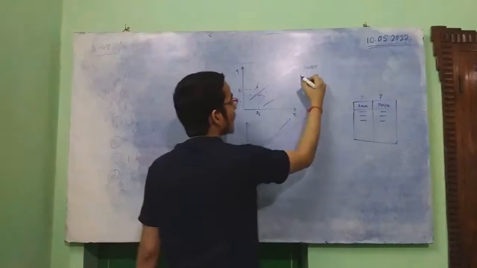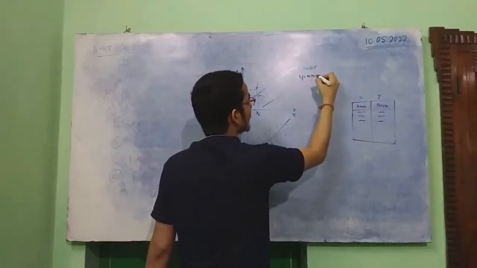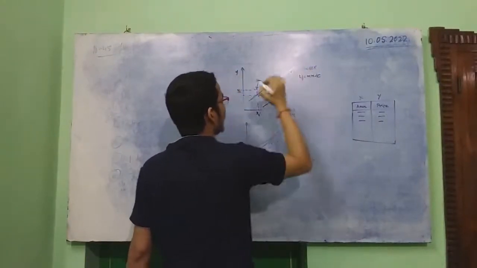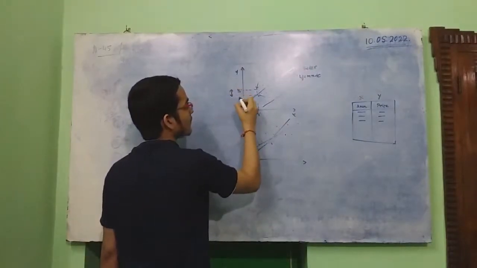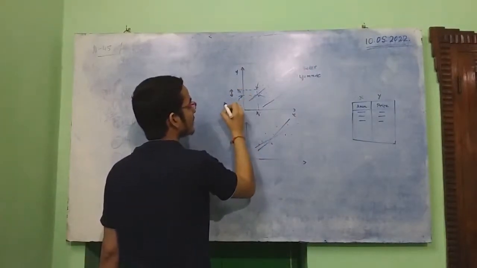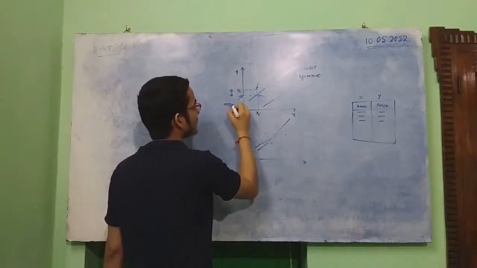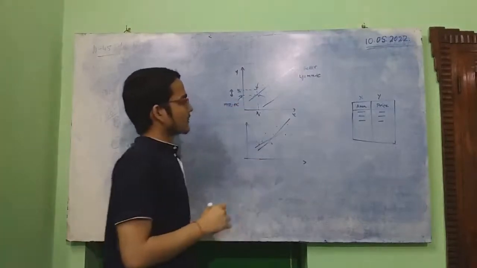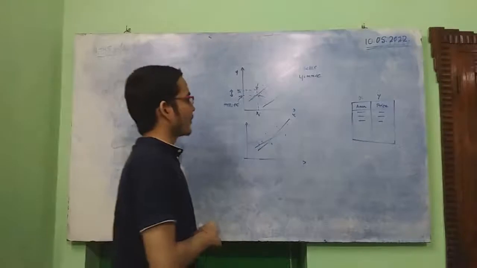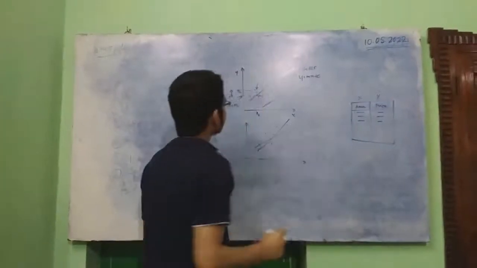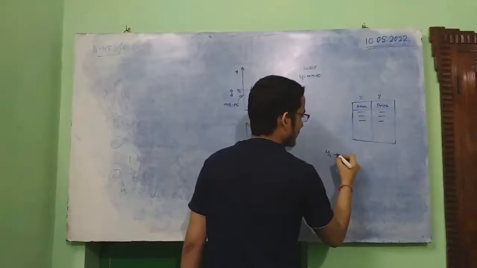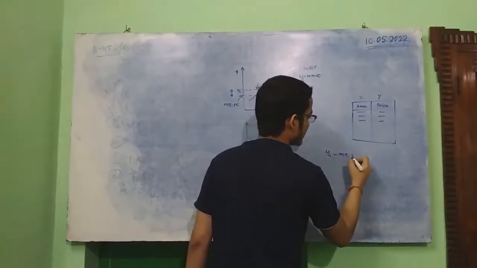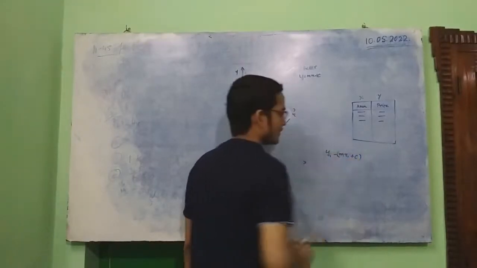Let this line be y equals mx plus c. This is our margin of error, basically. So our model will be predicting mxi plus c. This is what our model will predict. So our error is yi minus (mxi plus c). This is our error.